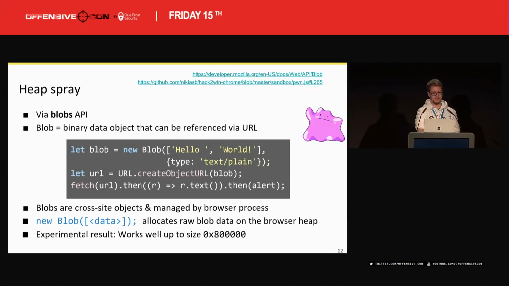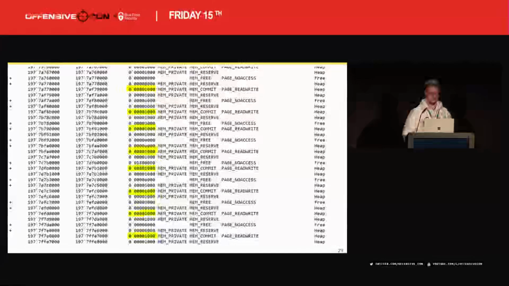And in fact, if we just call this blob constructor, it will just be on the browser heap with no header or footer. We can control the size, and we can control the contents fully. So this is a really good primitive. In our experiments, it works up to a size of 8 megabytes. And if we spray enough of these, you will end up with a heap looking like this.